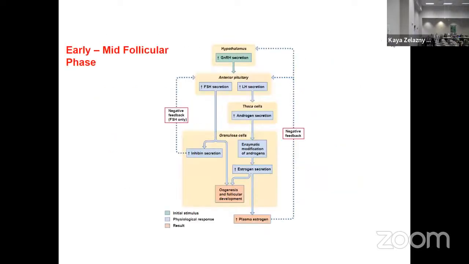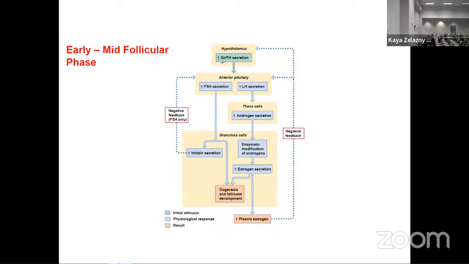So we're going to walk through what is happening during the different parts of the menstrual cycle. From the hypothalamus, from that little part of our brain, we have a hormone at the first part of that portal system that we mentioned when we were doing endocrine stuff.